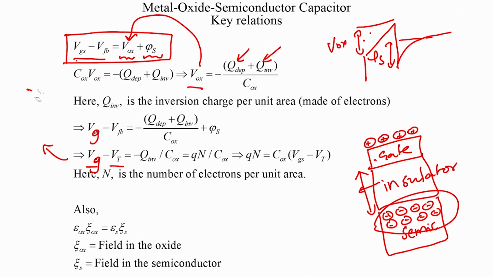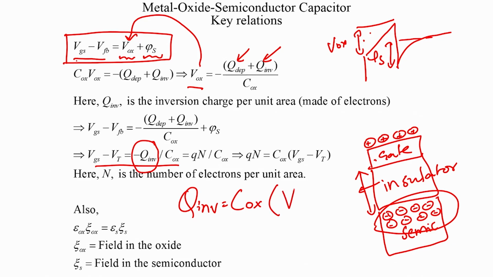Okay, so again let us just replace all this as Vg. So, Vg minus Vt, because I have now taken care of these three terms, is simply your Q inversion by Cox. So, what you are saying is that if you want to know how many electrons are there at the semiconductor insulator interface, you essentially want to calculate Q inversion. What you need to do is simply say that Q inversion is equal to Cox into Vgs minus Vt, the magnitude of Q inversion.